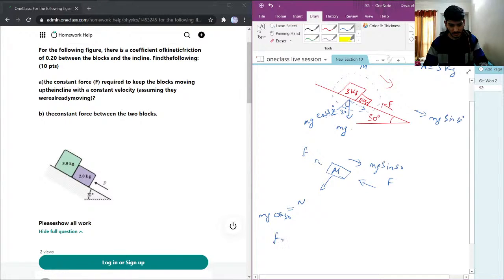And friction force is coefficient of friction times normal force.